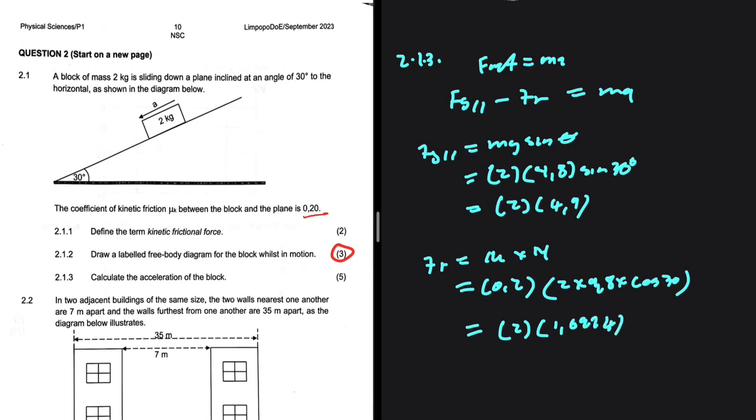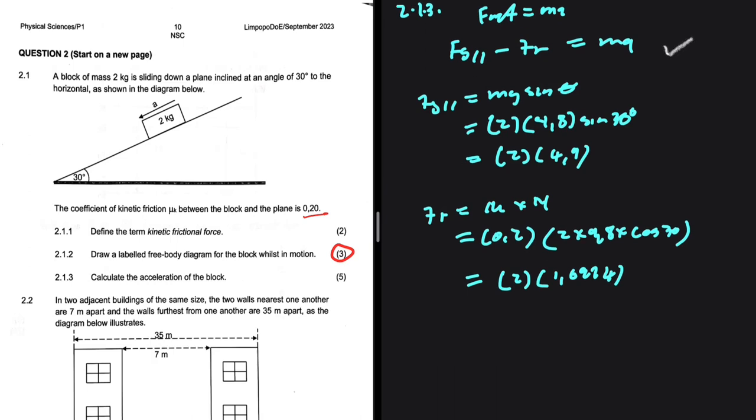So our frictional force is equal to 2 multiplied by 1.6974. So now we can substitute back into our equation. FG parallel, that is 2 multiplied by 4.9, minus the frictional force, that is 2 multiplied by 1.6974. This is equal to MA. The mass of our object is 2 kgs. The acceleration is what we are interested in.